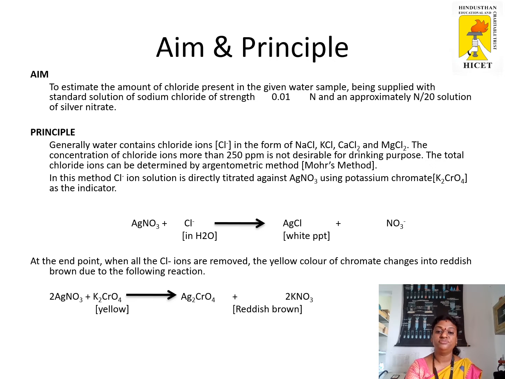The indicator added in this titration is potassium chromate, which is yellow in color. At the end point, when all the chloride present in the water sample has been removed, the yellow color of the chromate changes into reddish brown due to the reaction given in the slide.